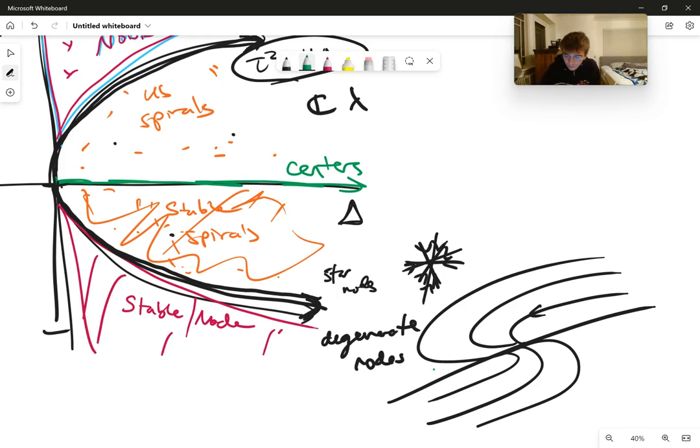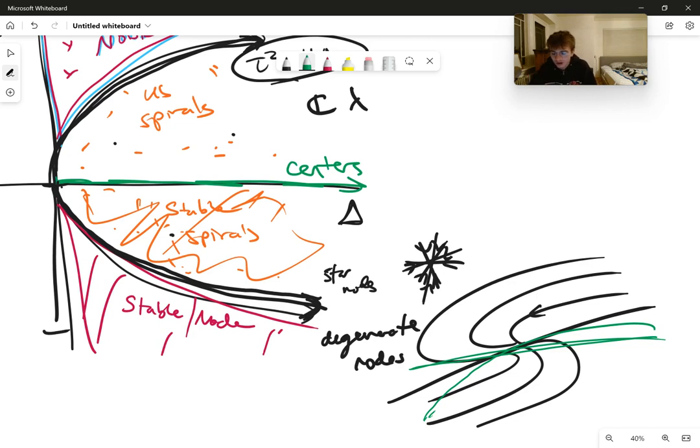So if I were to just barely extend this further, I might get a node, for instance. Or if I were to keep twisting it and take away that final manifold, I would just get a spiral. So these are the borderline degenerate cases between the spirals and the nodes, and they're much more rare. They occur when you have eigenvalues of multiplicity 2.